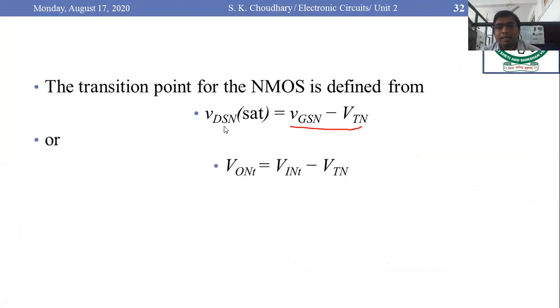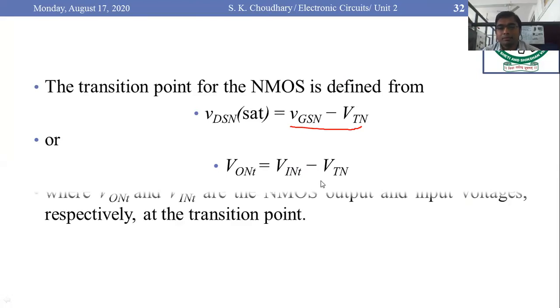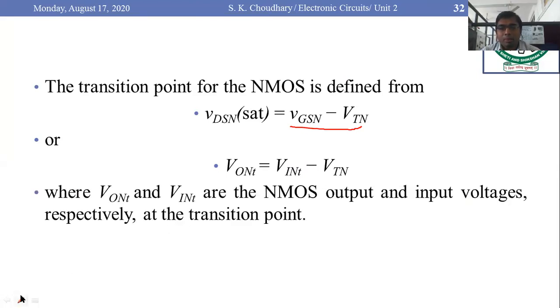VDSN saturation is nothing but the output voltage of NMOS at the transition point, which is equal to VGSN, the input voltage of NMOS at the transition point, minus VTN. So this is the relationship of the output voltage at the transition point for the NMOS: VONT equals VINT minus VTN.